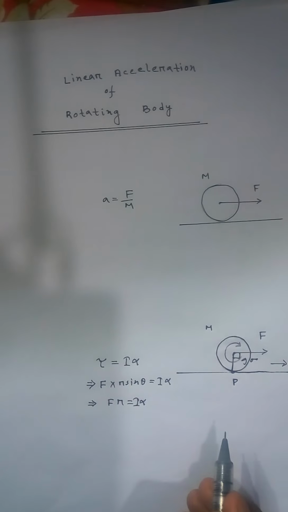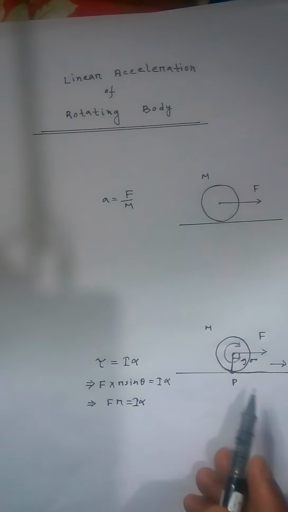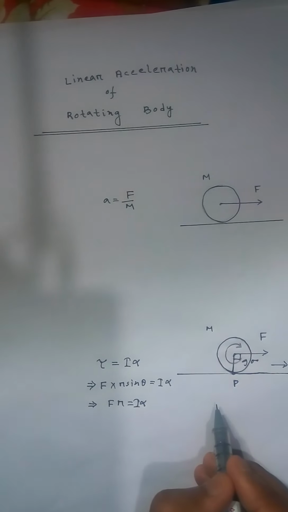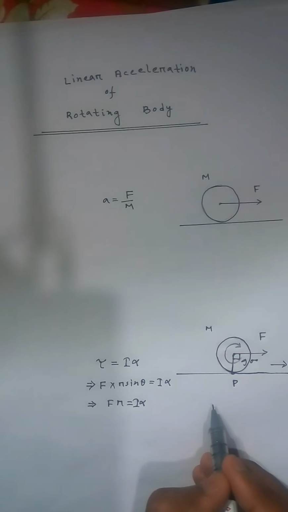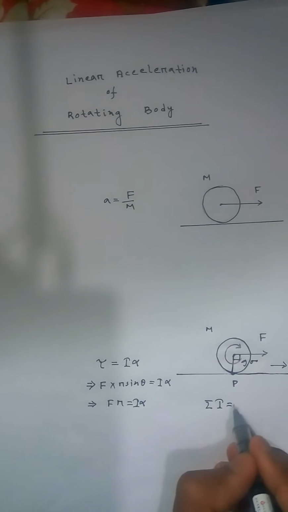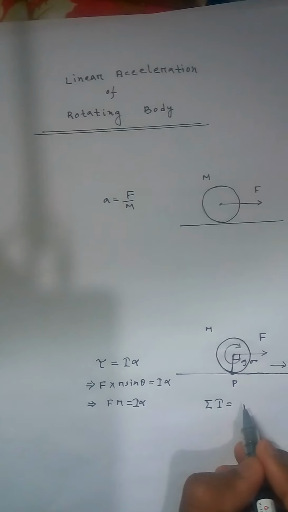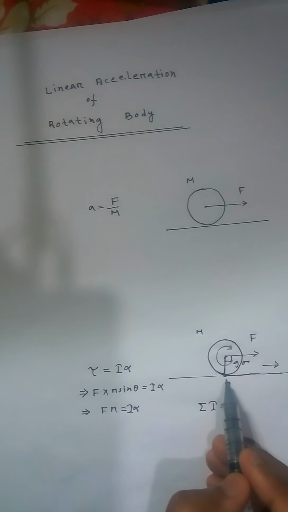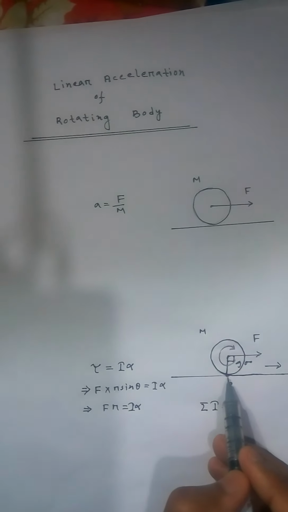Because it is a solid sphere, we have to determine the rotational inertia. Then what is the inertia? The inertia I is equal to the inertia about the middle point plus that about the point P.